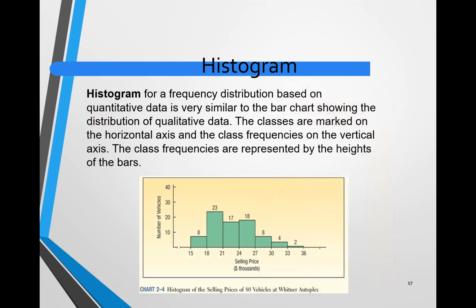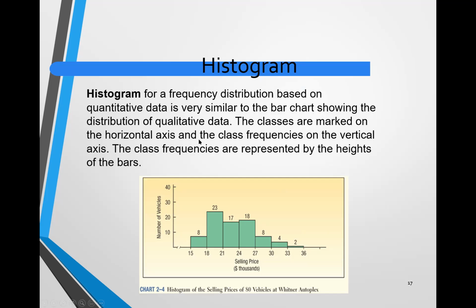Another important chart is the histogram. This is usually made on the basis of quantitative data, and you can see the classes are adjacent to each other. When we have qualitative data, classes are not adjacent to each other. Therefore, histograms are usually based on quantitative data.